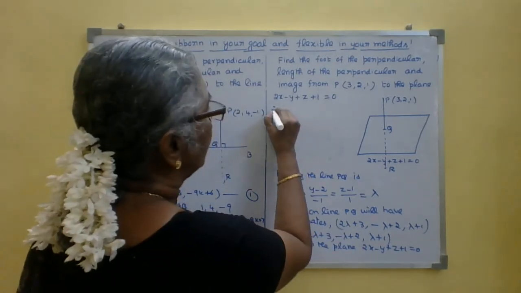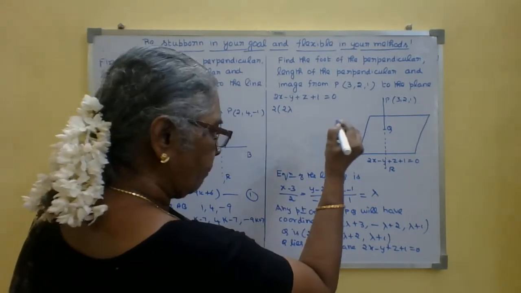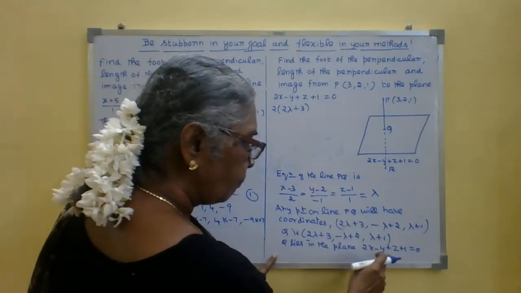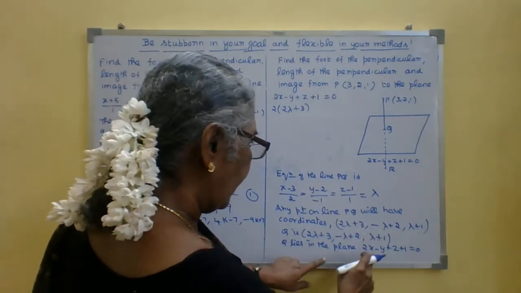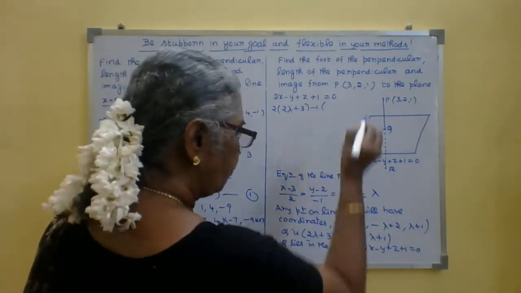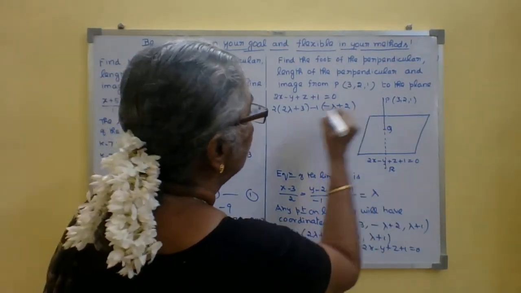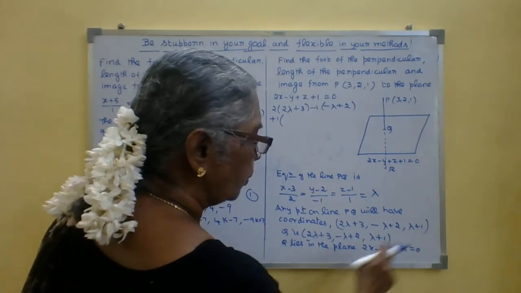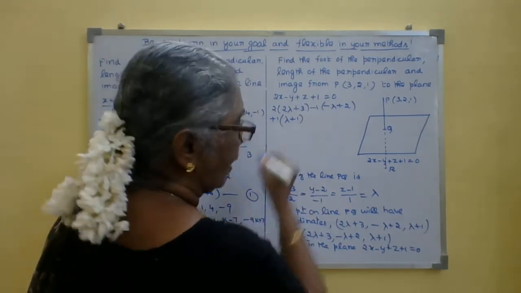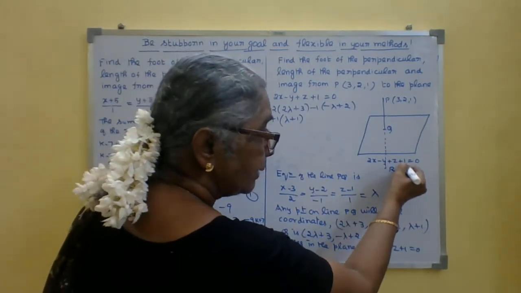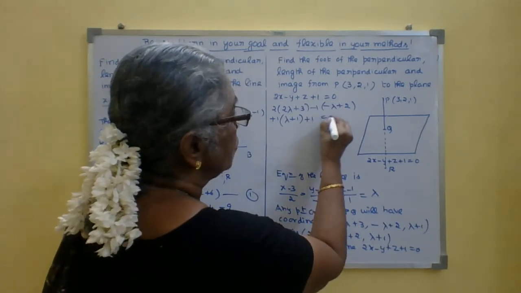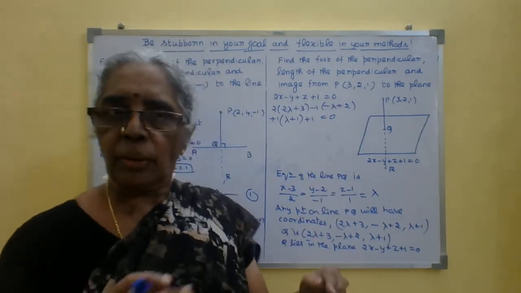So, now to find k, I am now going to use this one. So, now 2 into 2 lambda plus 3, then minus 1 into, I will get minus lambda plus 2, then plus 1 into, I will get lambda plus 1. Okay, then write this plus 1, don't forget it. Plus 1 is equal to 0. You have to take the full equation.